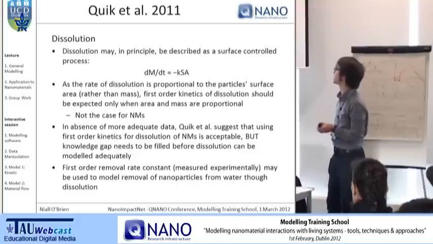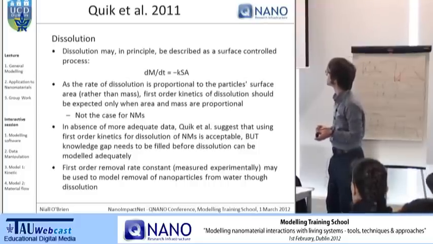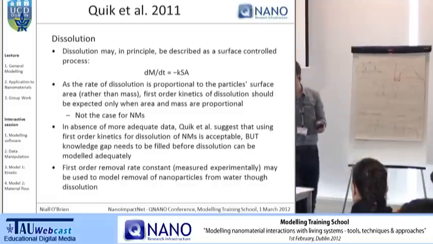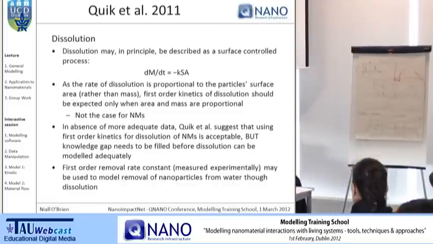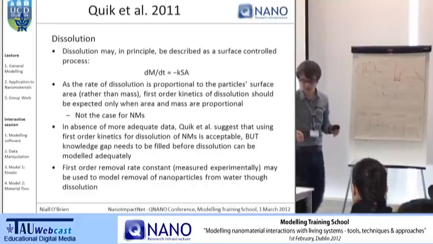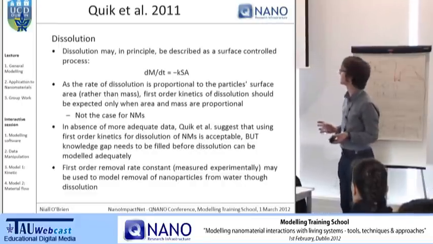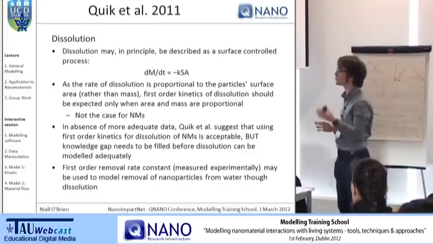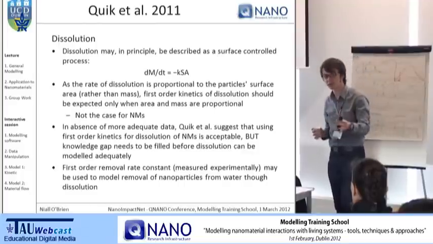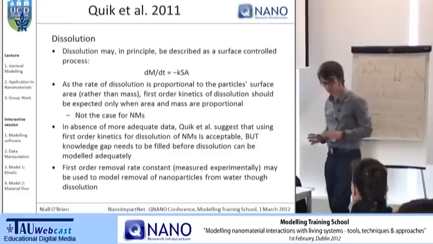But this knowledge gap needs to be filled before dissolution can be modeled adequately, so more experimentation is needed there. They find you can still model, even though you don't have a suitable second order rate constant. You can use first order and still get a result, but you have uncertainty associated with this.